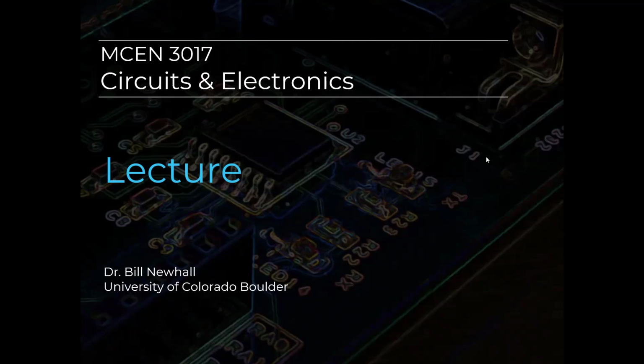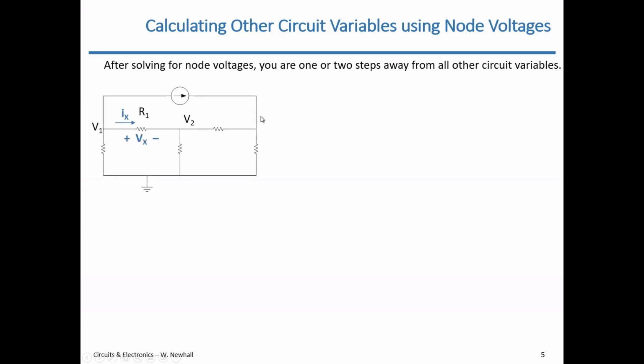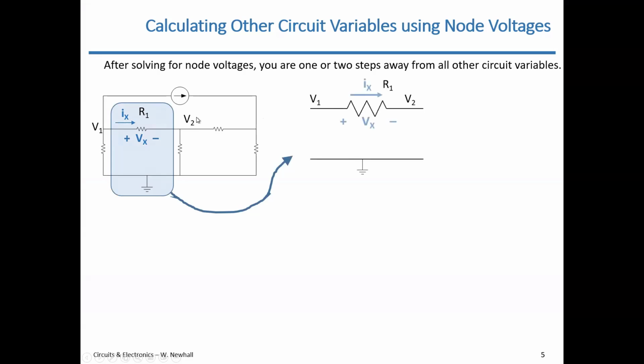So last time we were talking about node voltages and node voltage analysis. We didn't really start node voltage analysis. I gave you some of the prerequisites for that, but node voltages were a voltage between a node and a reference node, right? Like V1 and V2 here are node voltages.